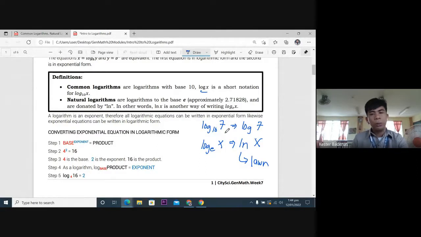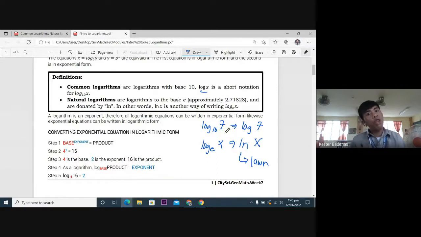So if it's a natural logarithm, or logarithm with the base e, which is an irrational number, we don't use logarithm of e to represent natural logarithm. Instead, we will use the symbol ln, which is read as ln.